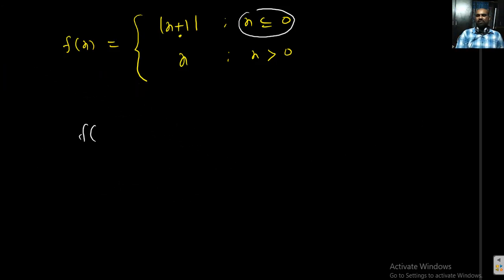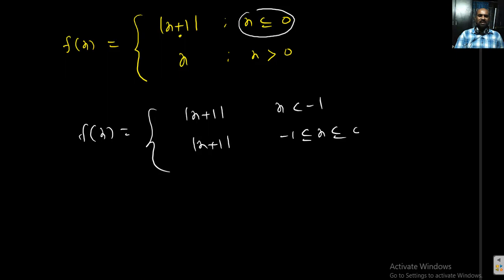So f of x is rewritten as mod of x plus 1 for x less than minus 1, mod of x plus 1 for minus 1 less than x less than or equal to 0, and x for x greater than 0.